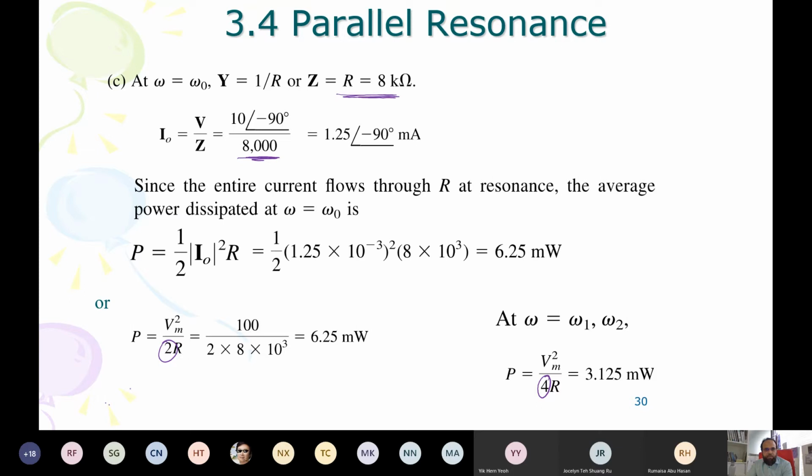All the current is flowing through R, as we just mentioned, so we can find the power is half I naught squared R. We have also seen this before in the previous slides, or we can also find it using Vm squared upon R. Vm is 10 and Vm squared is 100. And for omega 1 and omega 2, the power will be half of this power, so you can see that there's an extra 1/2 multiplied.